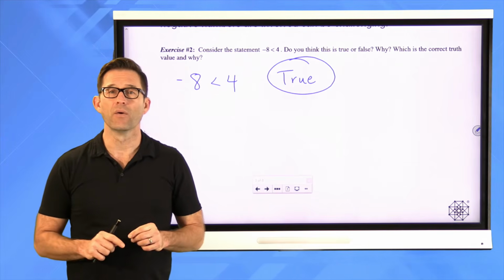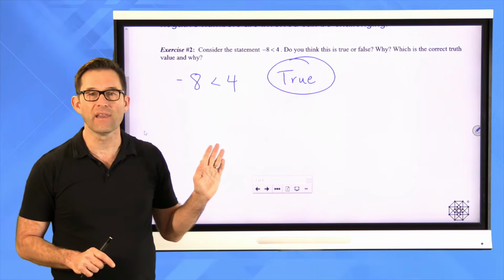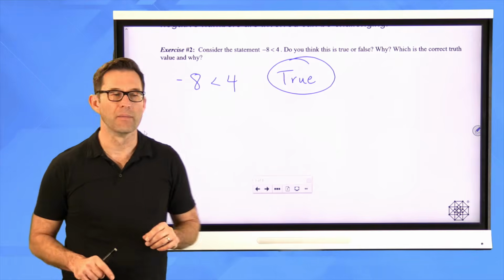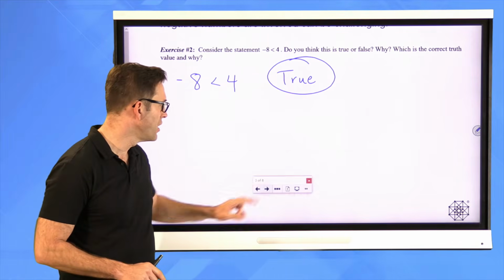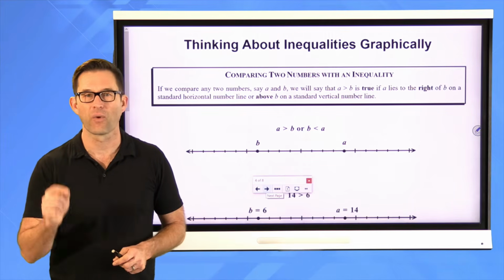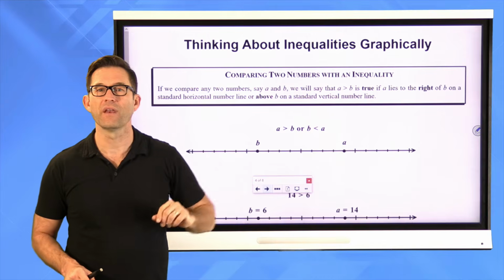Ultimately speaking though, it's true because -8 lies to the left of 4 on a number line. So let's talk about that a little bit. Let's talk about how we can judge whether numbers are greater than or less than by thinking graphically. So, comparing two numbers with an inequality.